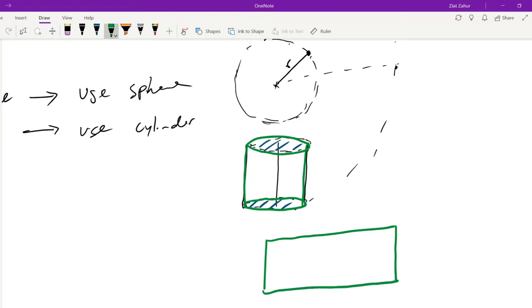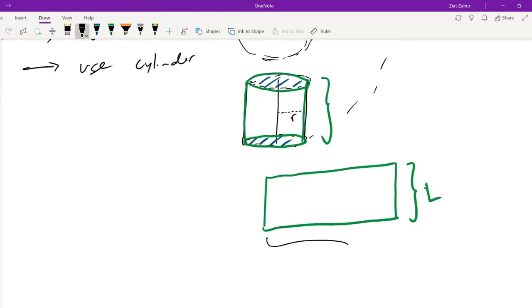You basically get a rectangle. The height of it is whatever the length of your rod is. And based on how far away you are from the rod, or the radius of your cylinder, that will determine the width. And so that's the circumference.